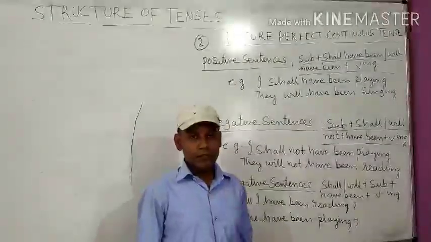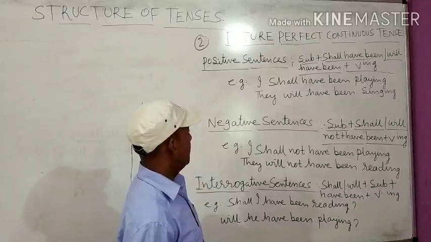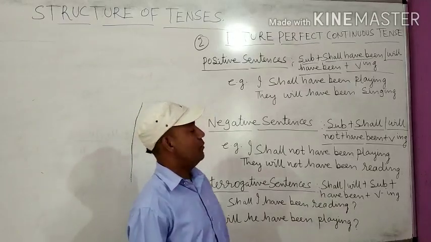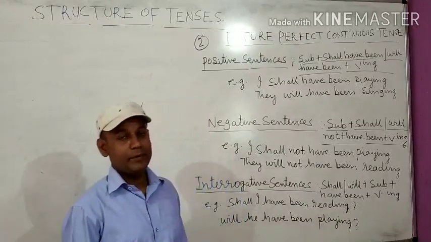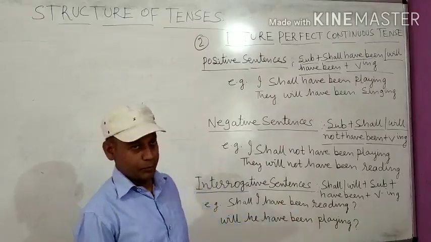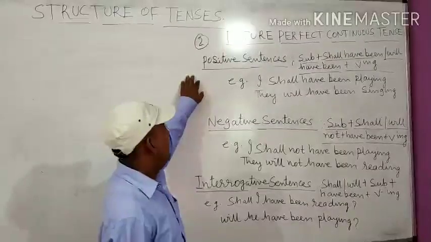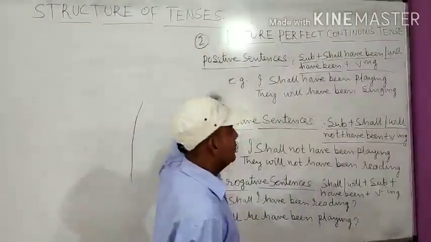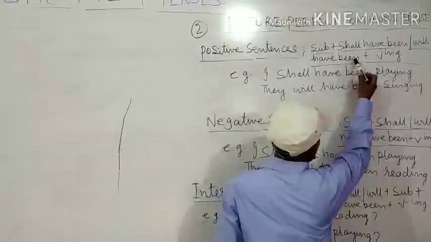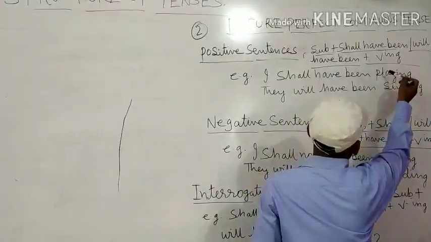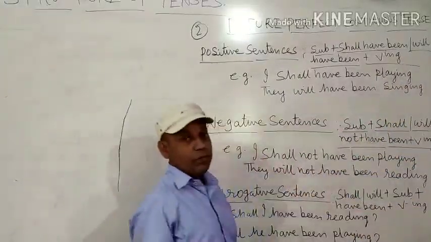Okay, finally we will see the structure of the future perfect continuous tense. Future perfect continuous tense means any activity which will be going on in the future. Okay. Now we will see the structure. If we have a positive sentence, we take the subject. We can either say shall have been or will have been, and we take the ing form of the verb.